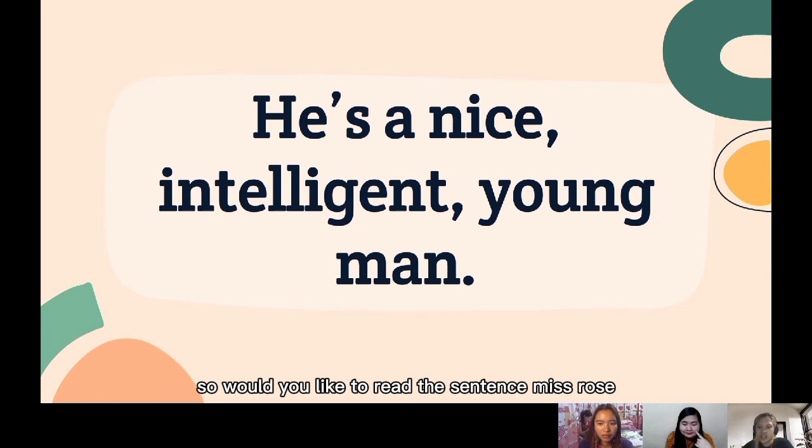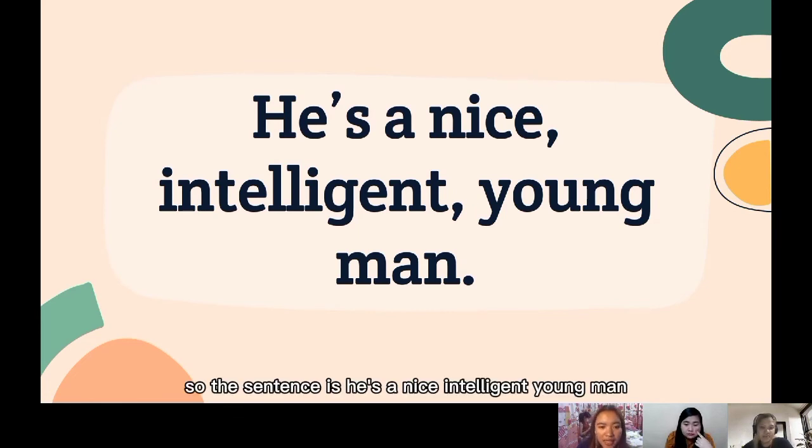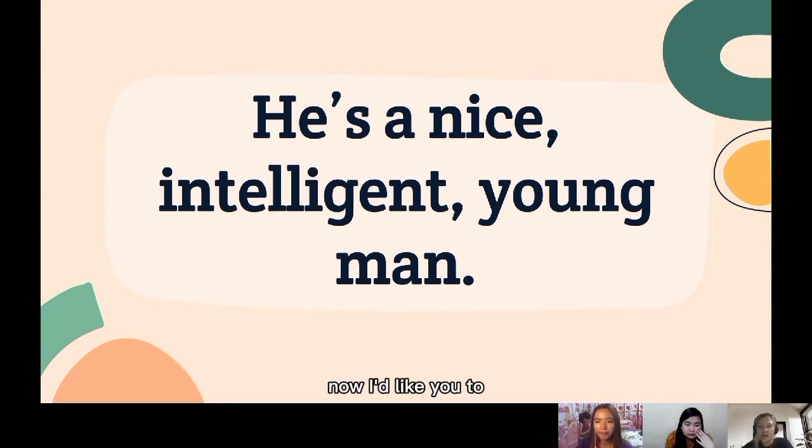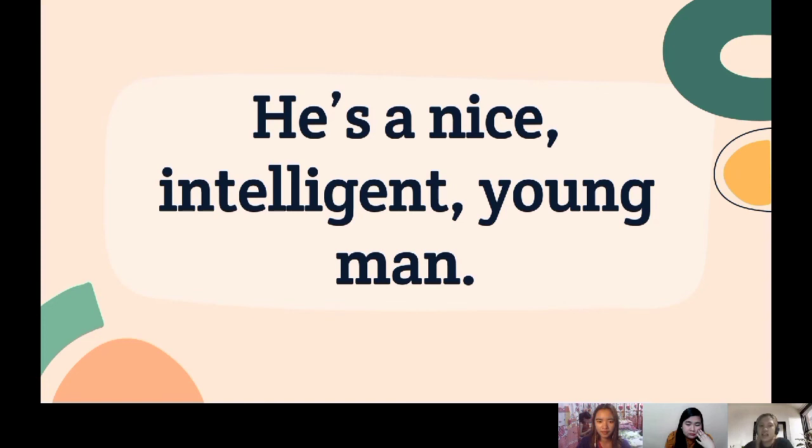So, would you like to read the sentence, Miss Rose? So the sentence is, he's a nice, intelligent young man. Now, I'd like you to explain how the adjectives are used in the sentence based on the topics discussed and categorize them, if applicable, by which adjective type they belong to.